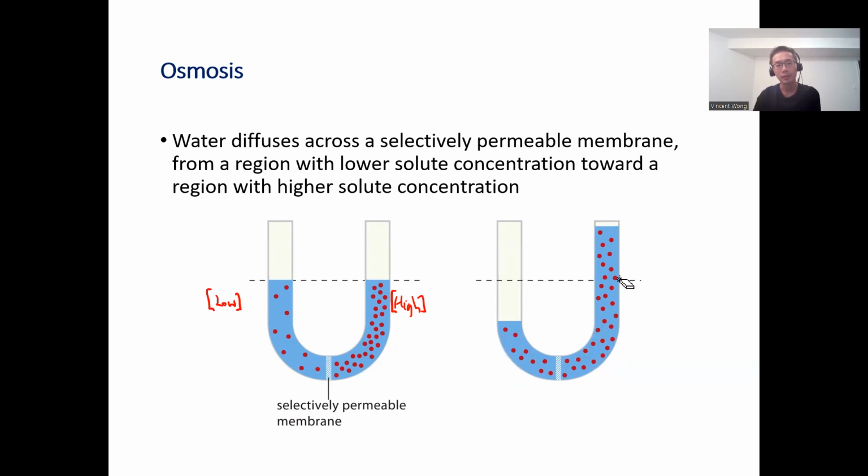And over here, as I told you, the water will be drawn to the right side, right? Make sense? As it goes to the right, the water level will go up on the right side, and then the water level will come down on the left side. And this will continue to happen until the concentrations are the same on both sides, right?